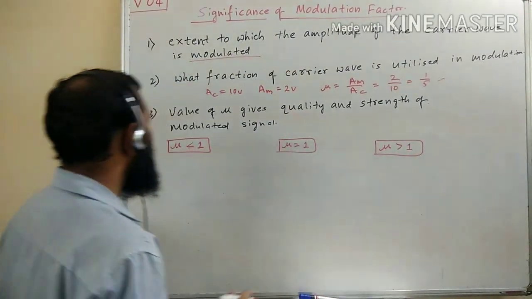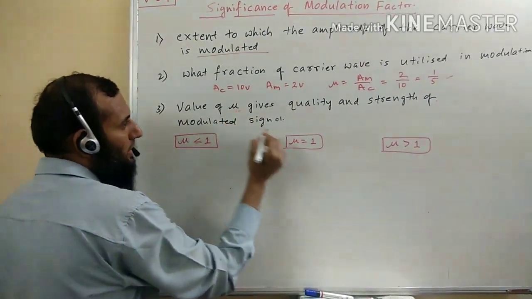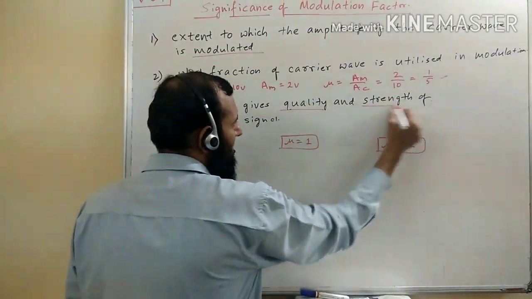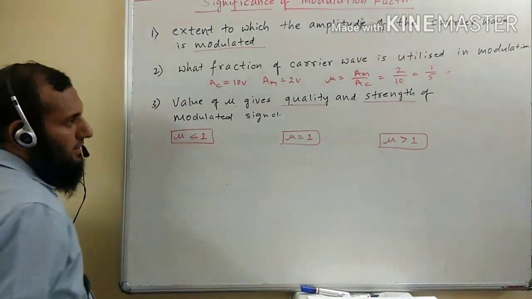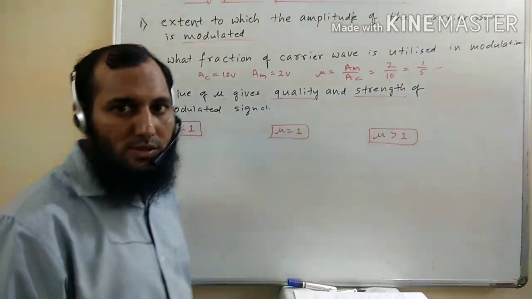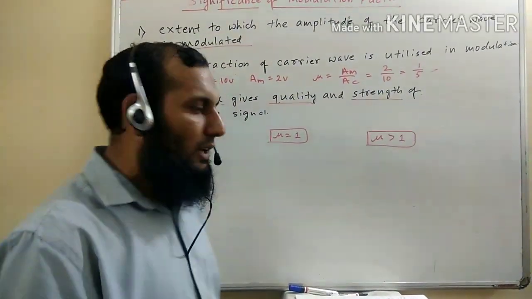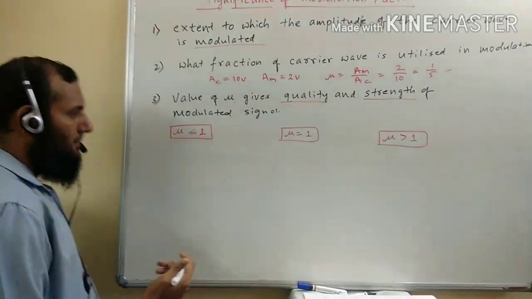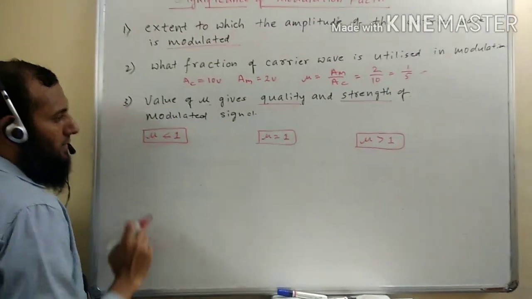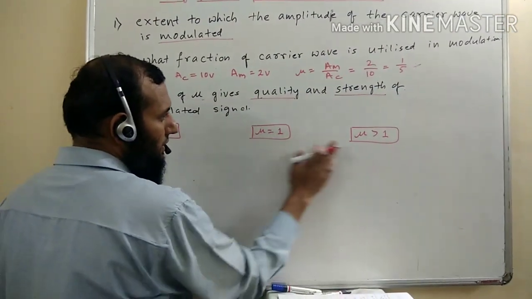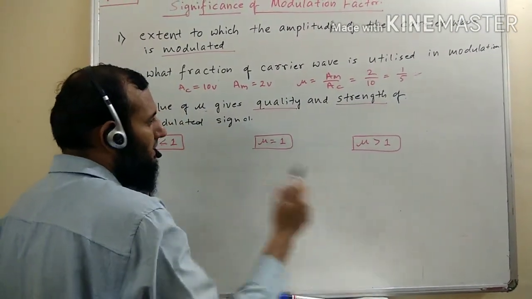The third point is that the value of mu gives the quality and strength of the modulated signal. The value of mu can have three possibilities: mu can be less than 1, mu can be equal to 1, or mu can be greater than 1.